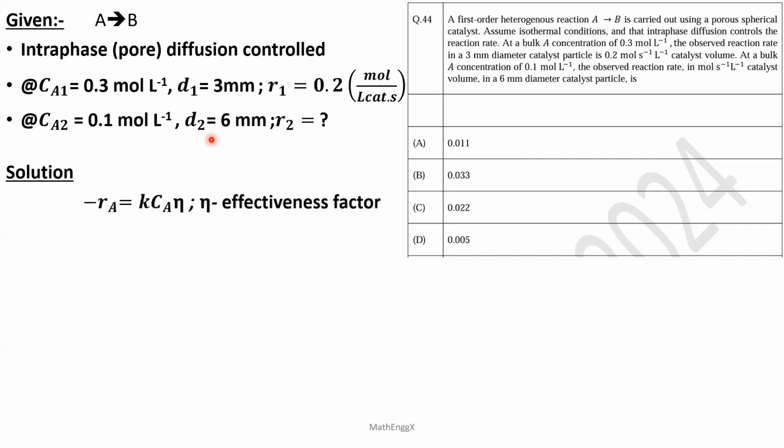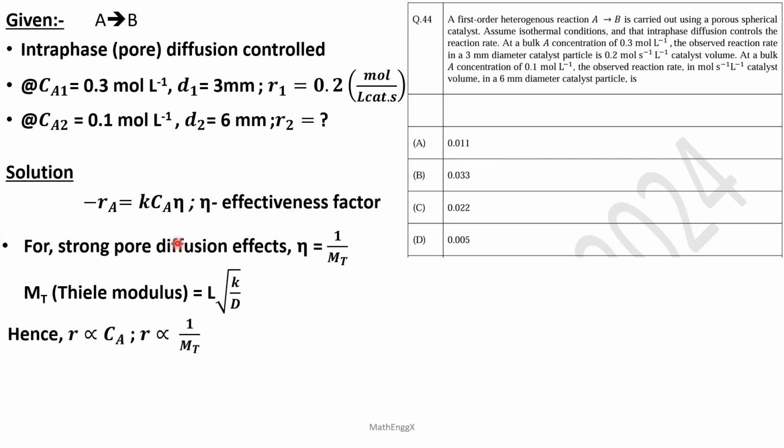Now, firstly, the observed reaction rate is given by this expression k Ca into eta. Here eta refers to effectiveness factor. Since the reaction is pore diffusion controlled, the effectiveness factor will be equal to 1 by Thiele modulus.